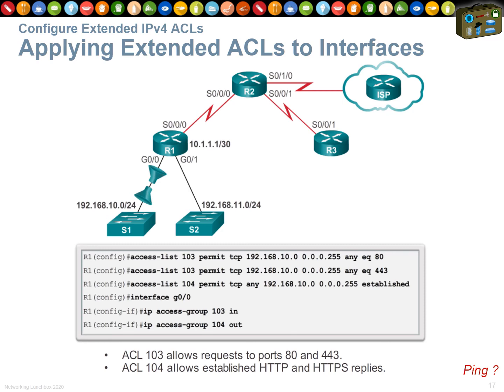So on the way back, access list 104 is verifying that the traffic is on its way back because that TCP flag is set. Anyone on switch 1 can do port 80 and port 443 out, and on the way back, because it's TCP and it's established, it'll be allowed through and everything's fine.